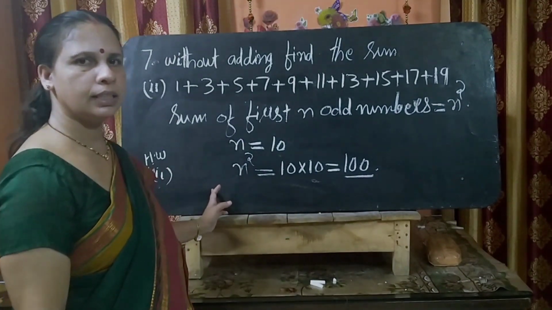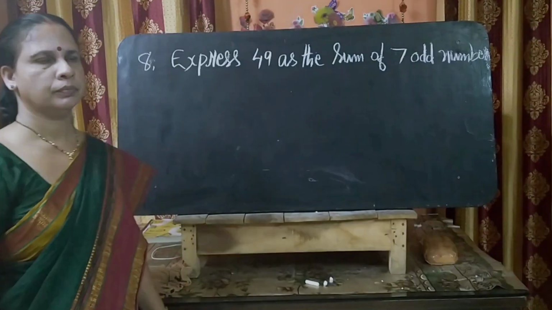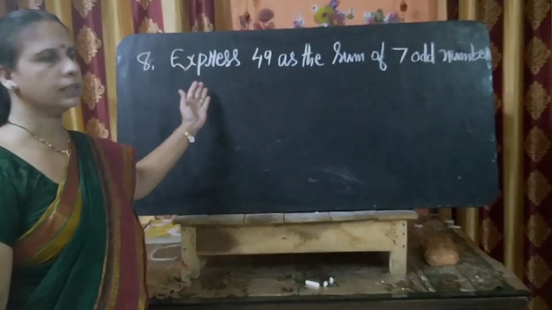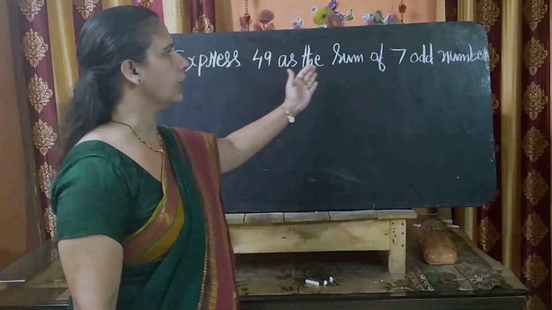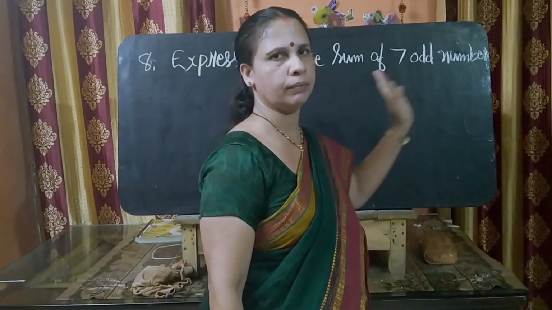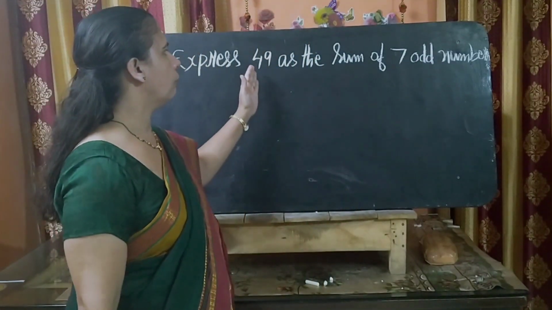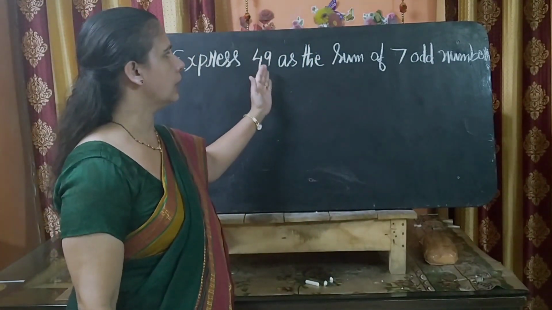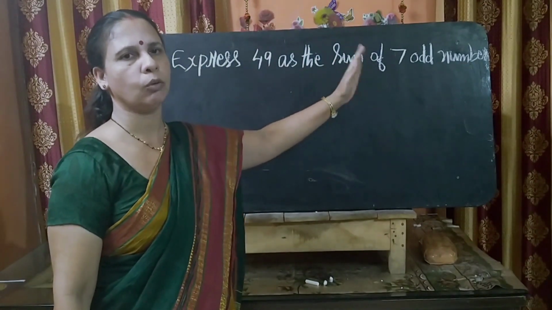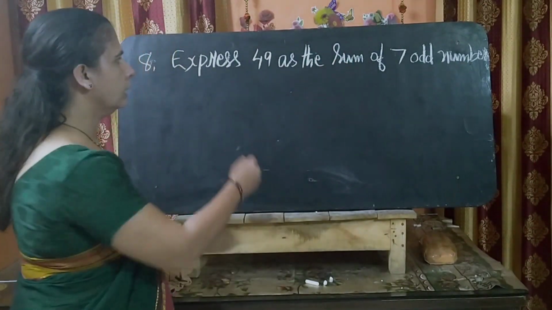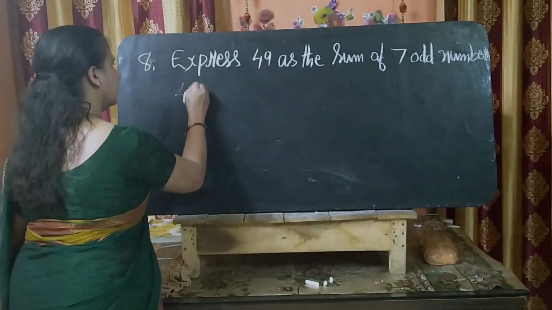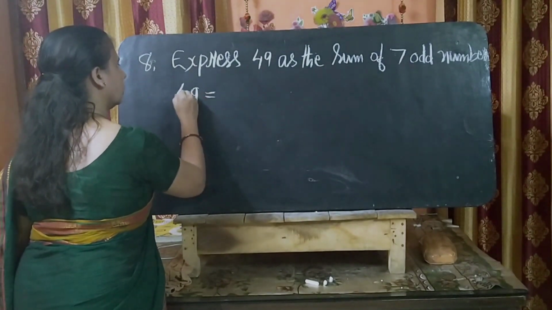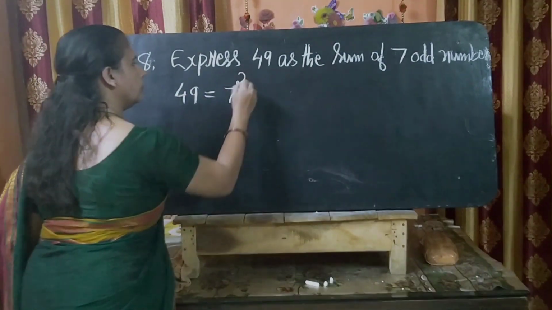Third question, take it as homework. Next, the eighth question is: express 49 as the sum of 7 odd numbers. We know that 49 equals 7 square.